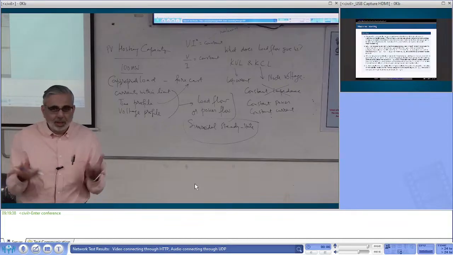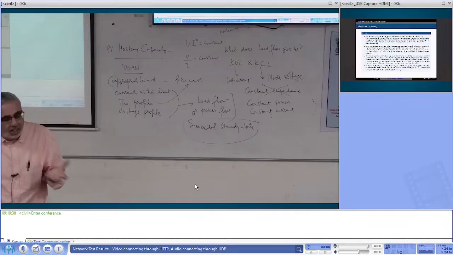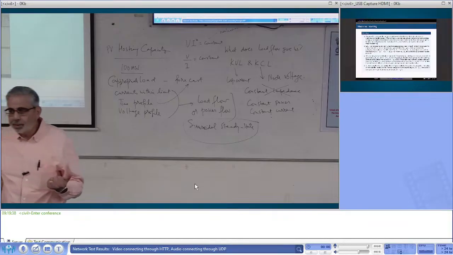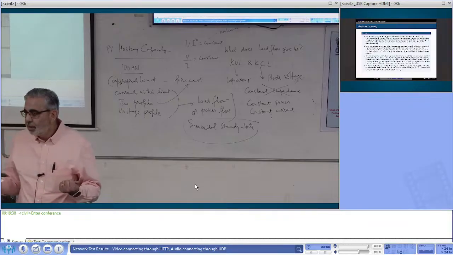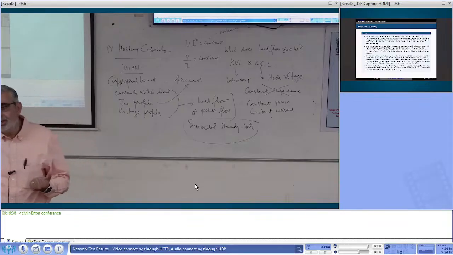If you want to learn machine learning for hosting capacity, you have to appreciate that point. If that point was not there, we don't need machine learning. Why do we need multiple load flow analyses to tell the boss that yes, 100 megawatts is all right?